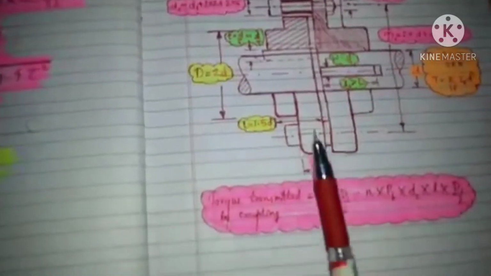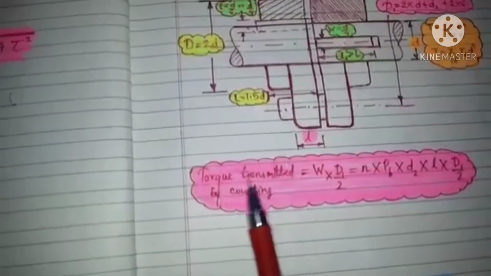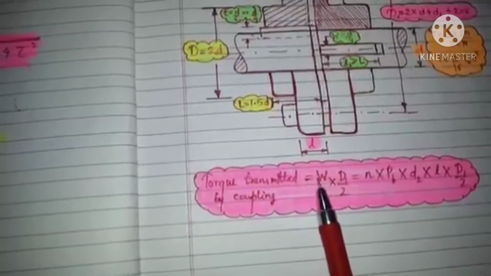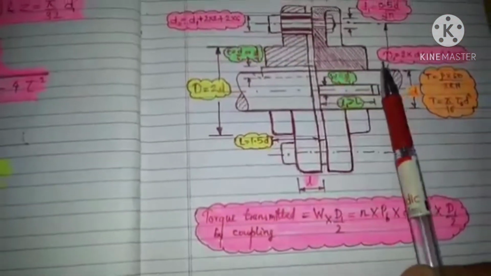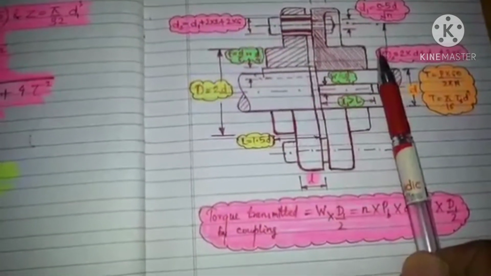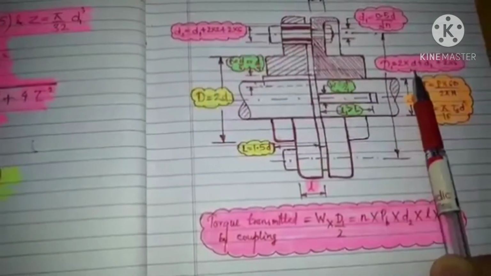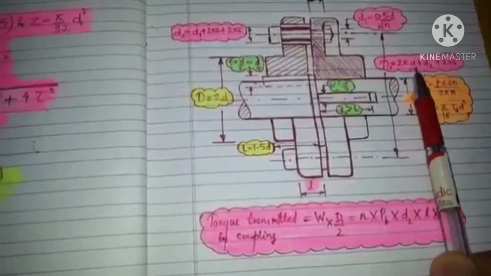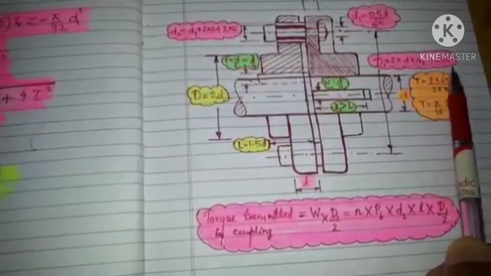Then we have to find the length of the bush which is in the flange. For that we use this formula: torque transmitted by the coupling is equal to W into D1 by 2. Here D1 is the diameter of the pitch circle of the pins, so D1 is equal to 2 into d, where d is the diameter of the shaft, plus d2, the diameter of the bush, plus 2 into 6.